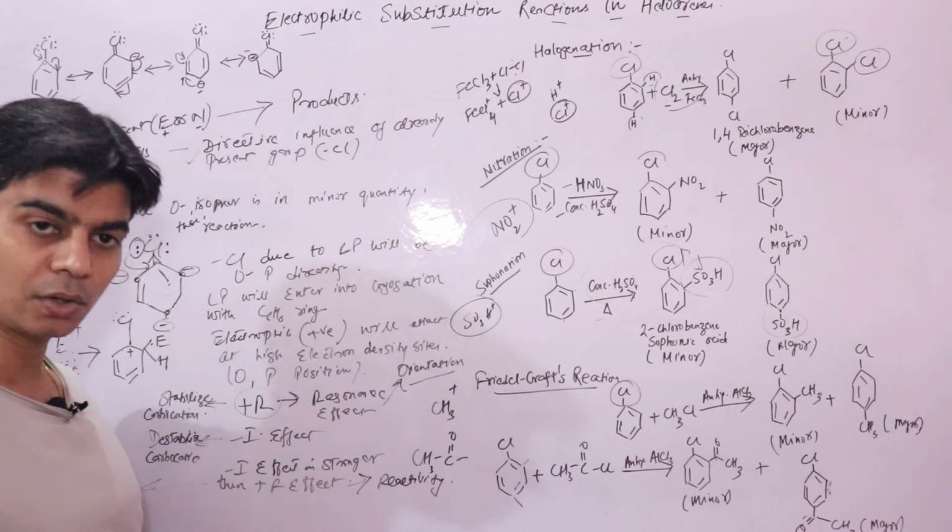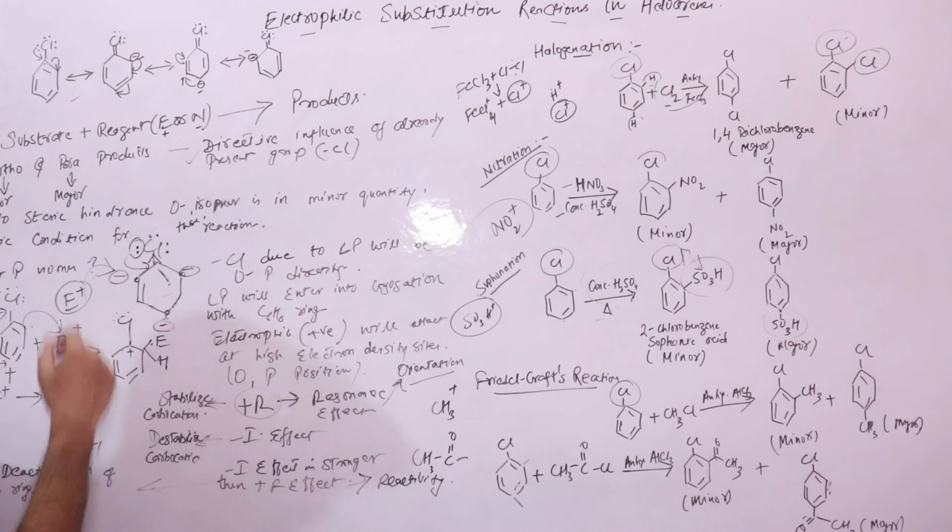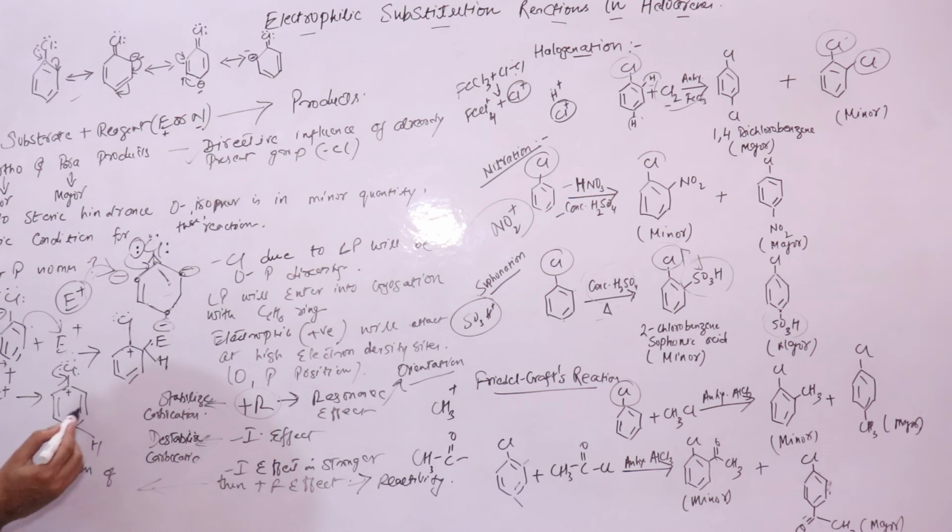Now there is another opposing effect of this Cl group, which is minus I effect, due to which it will withdraw electron density from the benzene ring. When it withdraws electron density, it basically destabilizes the carbocation which gets formed when the electrophile attacks the benzene ring.